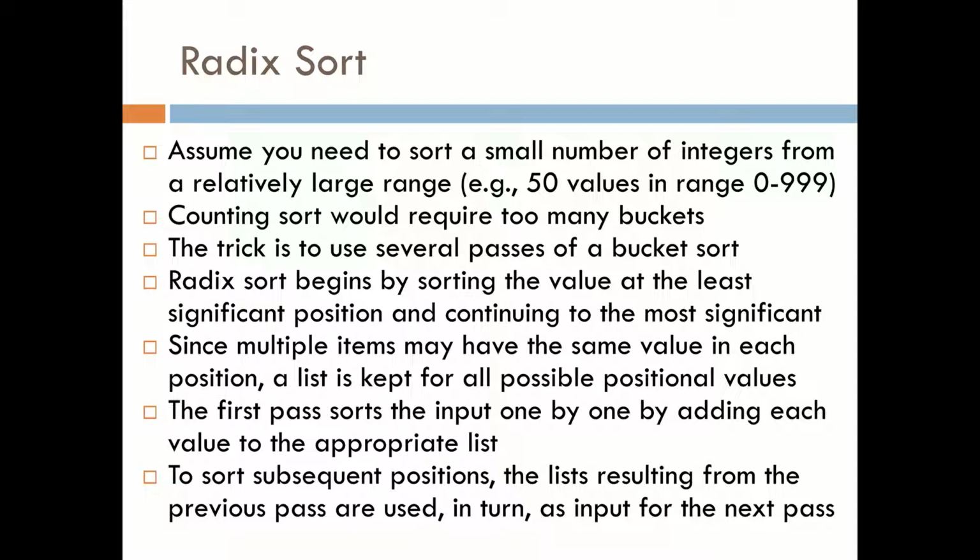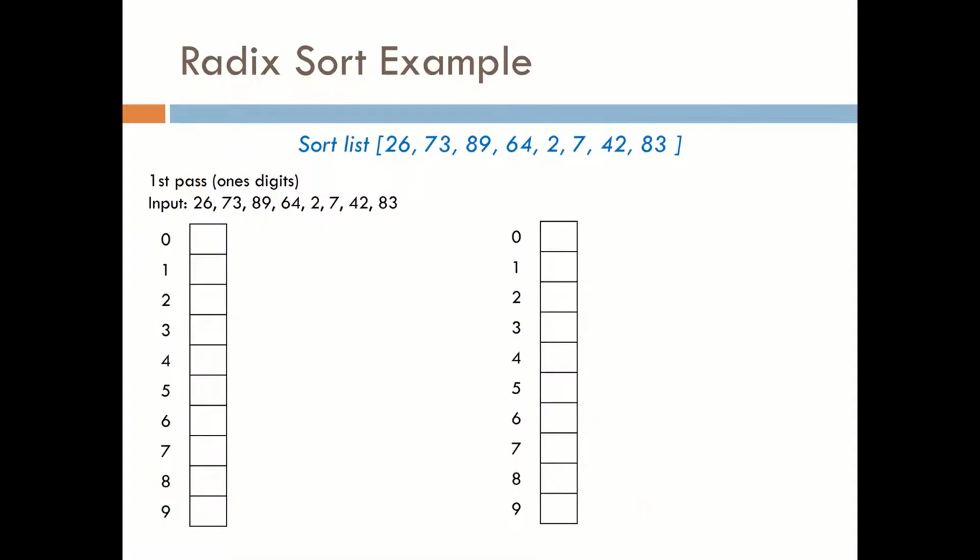So let's take a look at an example. Let's say that we want to use Radix Sort to sort the following list of numbers. You see we've got, I believe, 8 numbers: 26, 73, 89, 64, 2, 7, 42, and 83.